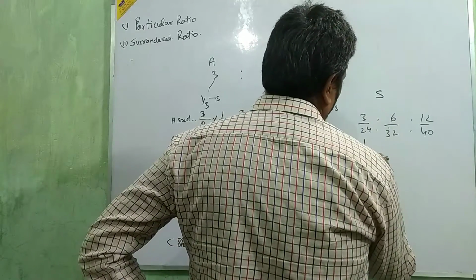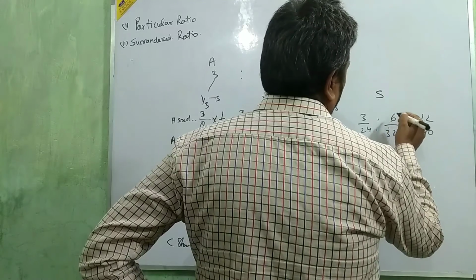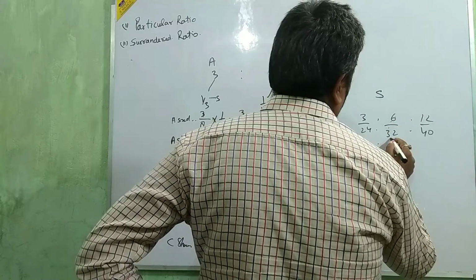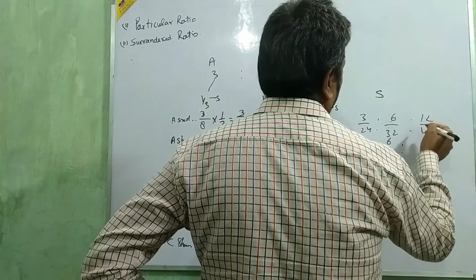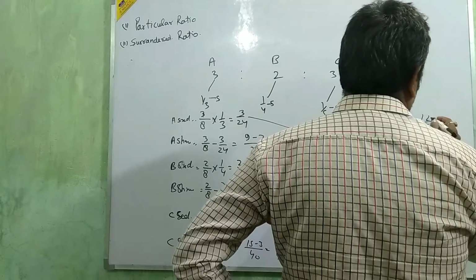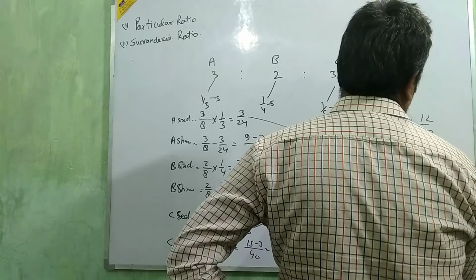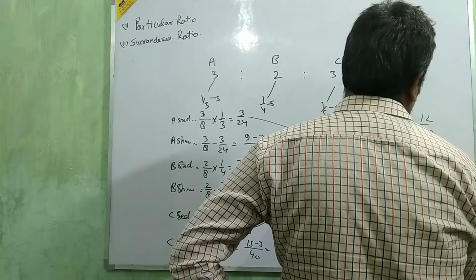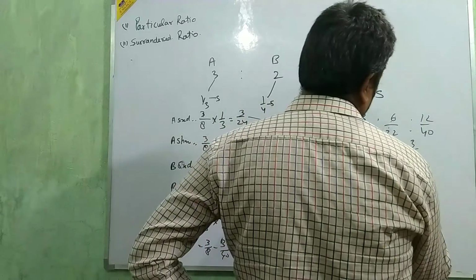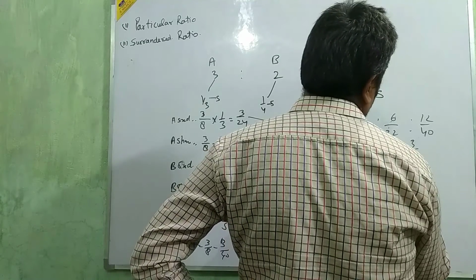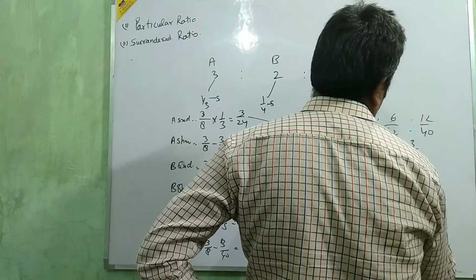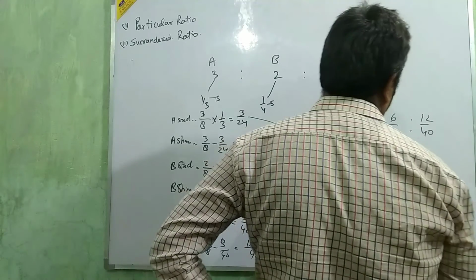Cut this to 1/8. Then 6/32, cut this by 4, and 12/40 cut by 4, it becomes 3/10. Cut this by 2, and it is 3/16.